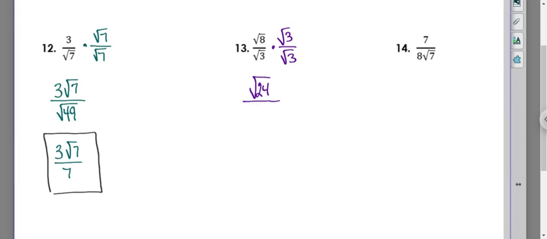Under the radical here, I have square root of 9. So square root of 24 over the square root of 9, which is 3. And I need to simplify the square root of 24. So simplify that and see what you can do with 14.